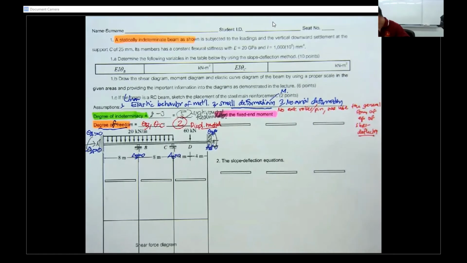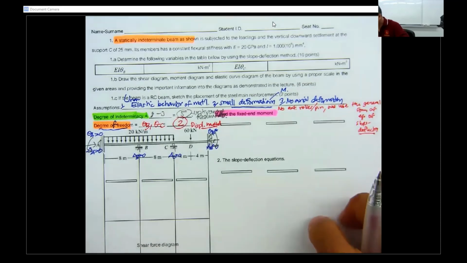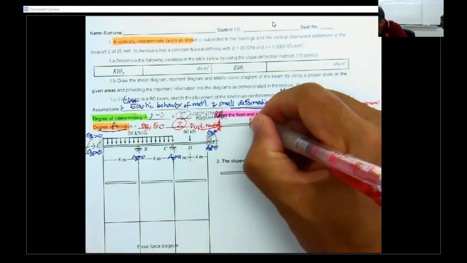The fixed end moment will follow that. All of the beam members will have the fixed end moment, with both ends fixed.